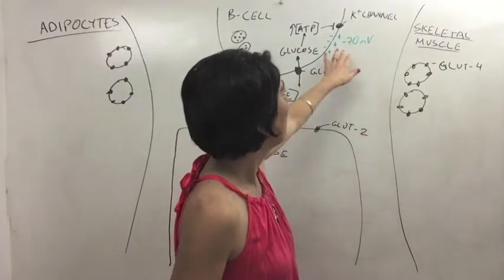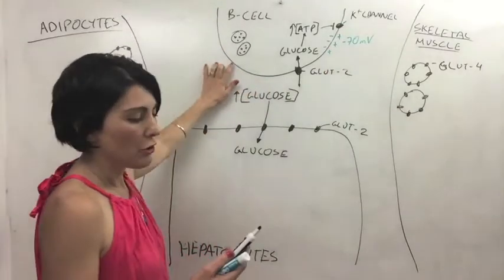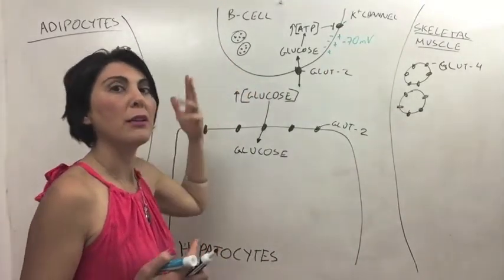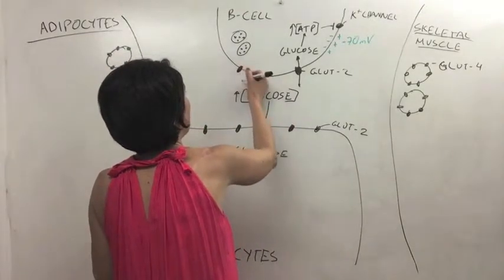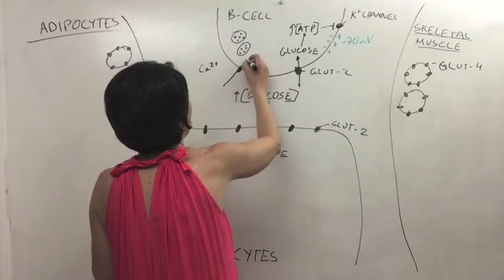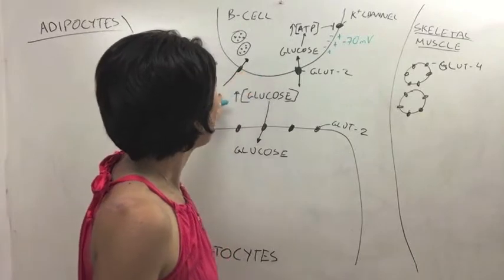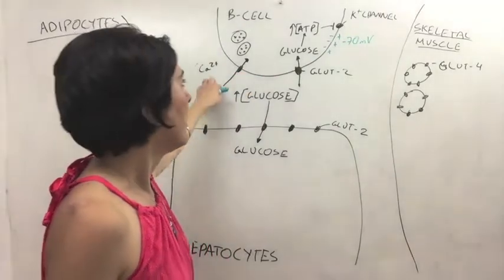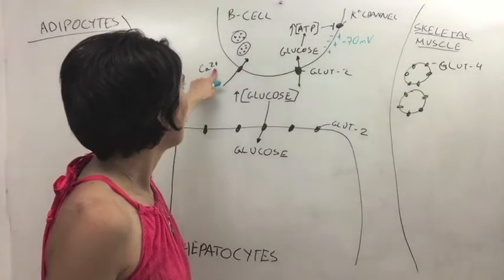Now, this is a change in voltage. So the change in voltage is going to cause the opening of another channel. So there's another channel here, and these are calcium channels. And so it causes these channels to open. Now, as I mentioned before, there's a concentration gradient of calcium from the outside to the inside, and also there's a charge.